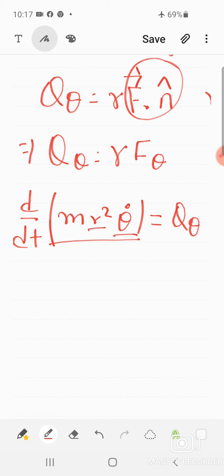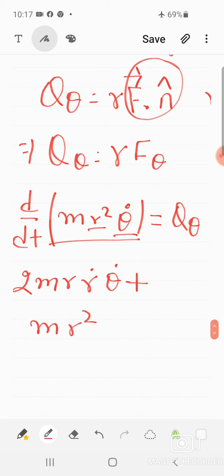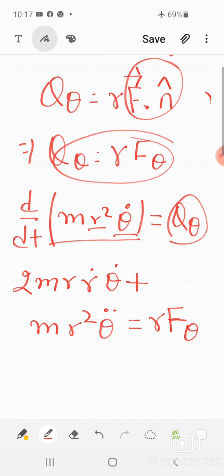The derivative of r² will be 2 m r ṙ θ̇, plus the derivative of the second term θ̇, that will be m r² θ̈, and this will be equal to the generalized force Q theta, that is r F theta, as we have derived here.